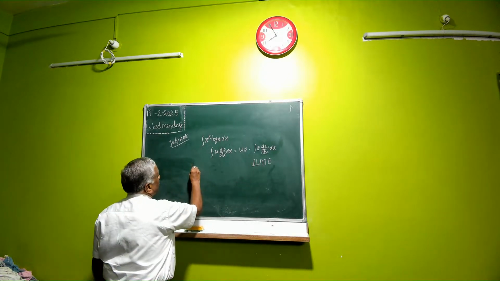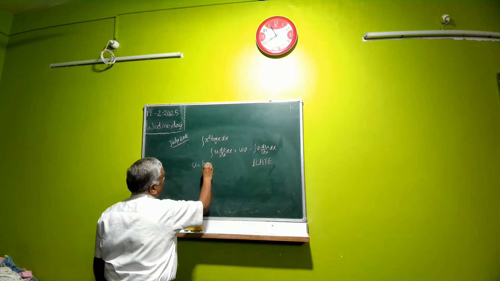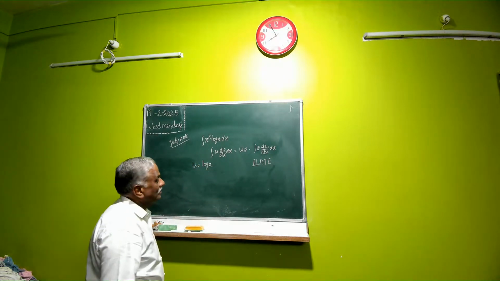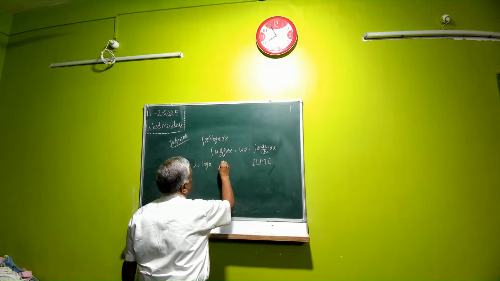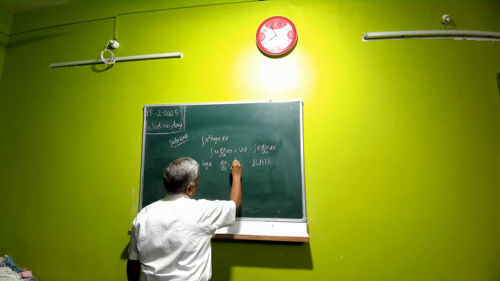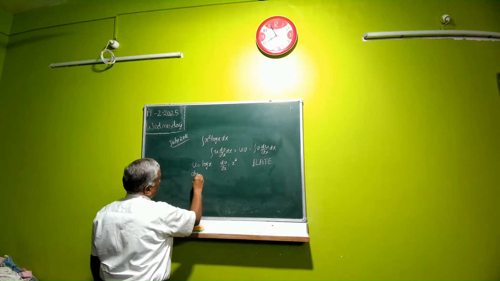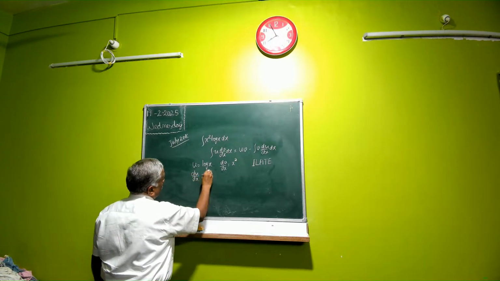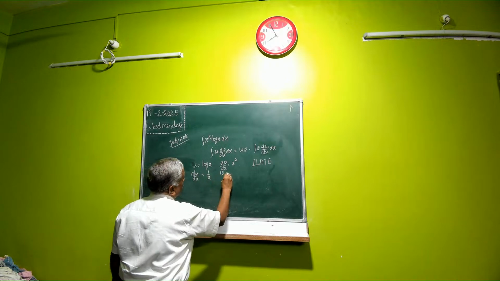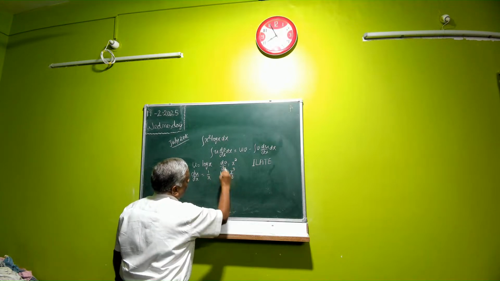Therefore, you should take u as log x. Now, algebraic is x square, that you should take as dv by dx. You differentiate u, you get 1 by x. You integrate dv by dx, you get x cube by 3.